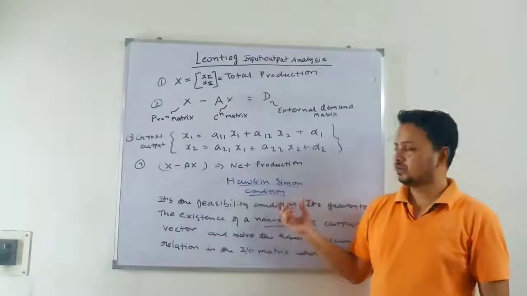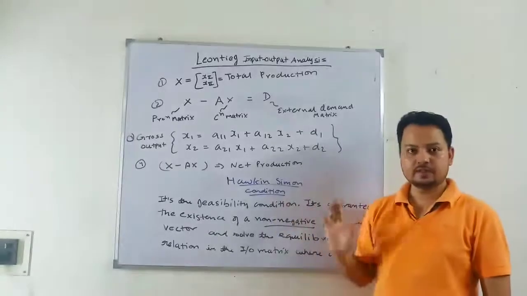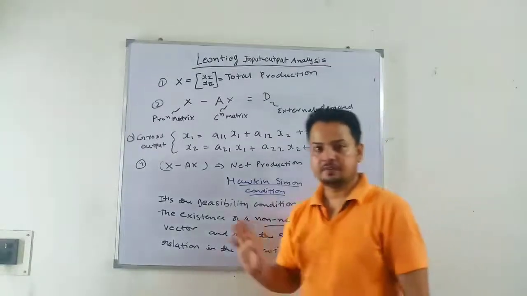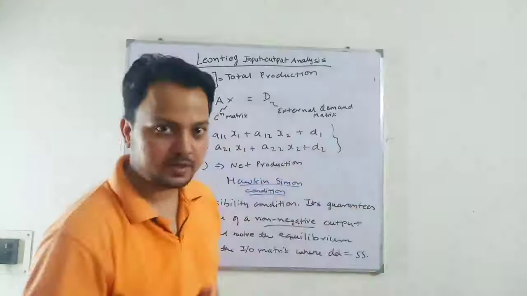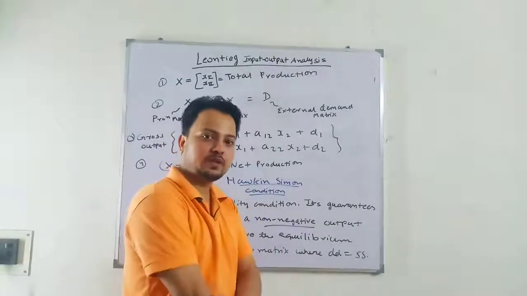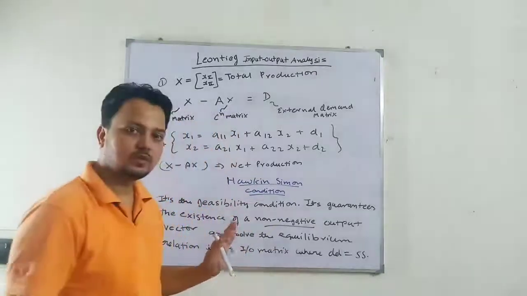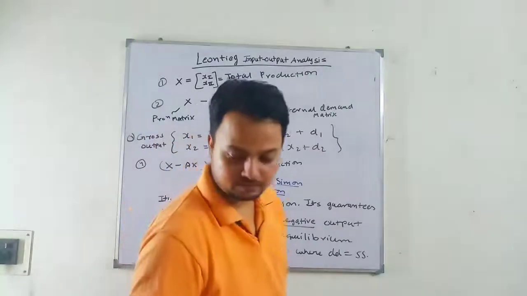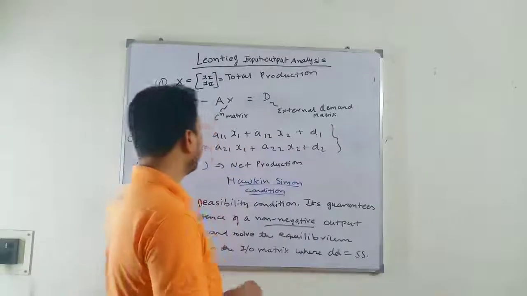This gives us two conditions. If those two conditions are satisfied, that means a solution to that input-output matrix will exist. If those two conditions are violated, then we will not have a solution for that input-output matrix, where demand equals supply.